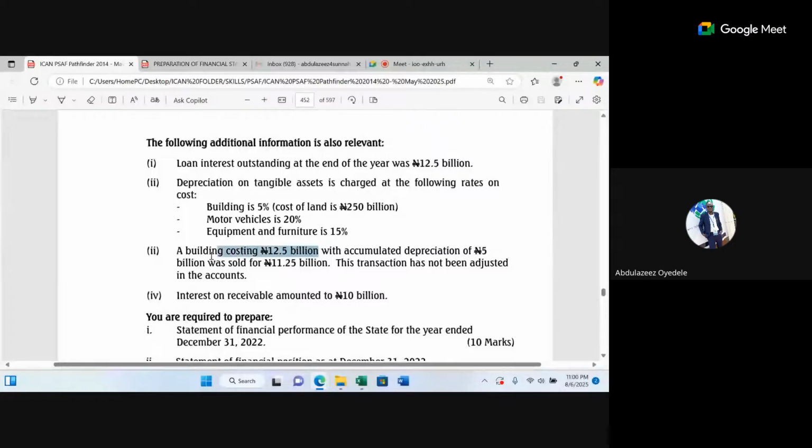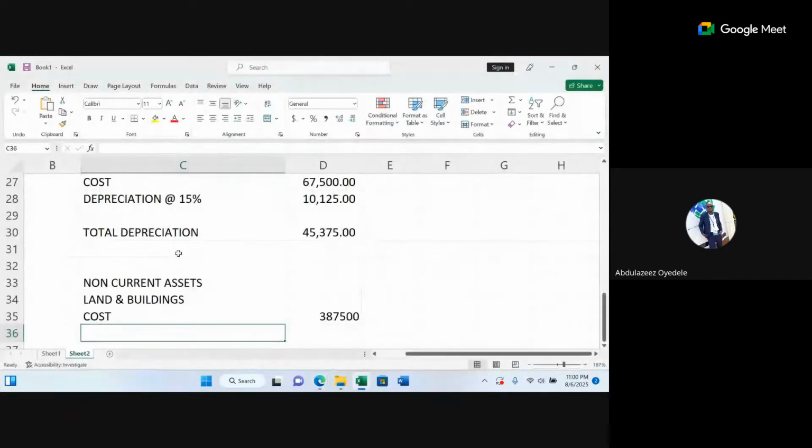The building costing 12.5 billion was sold. So we have to remove this building that has been sold, because now what we want to do is to account for the land and buildings that we have as at the end of the year. And as at the end of the year, like we all know, a particular building has been disposed. So that building that is disposed is not going to form part of our statement of financial position any longer. So we'll deduct it, disposal.